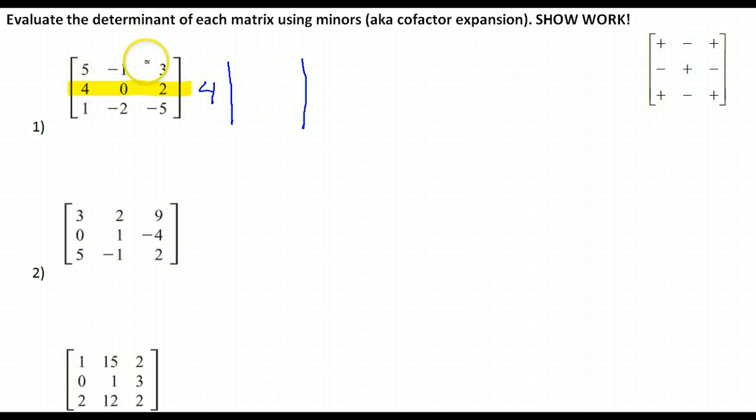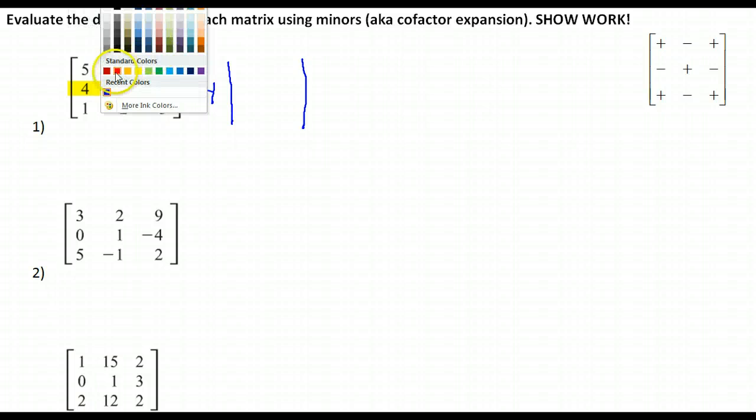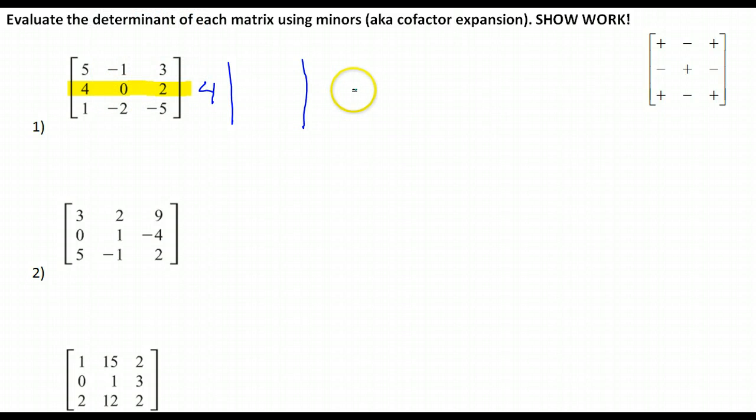I'm doing 4 times something, and then I'm going to do 0 times a determinant, and I'm going to do 2 times a determinant. So each one of these entries in the row is going to become a multiplier.